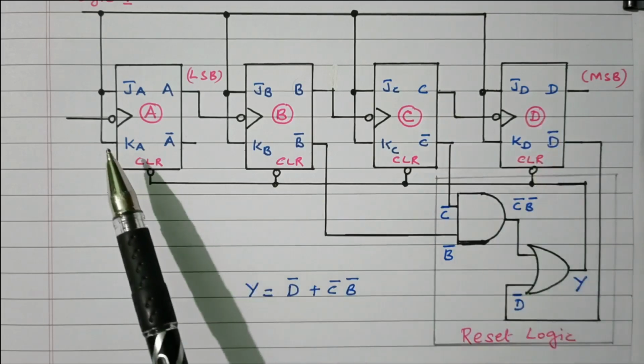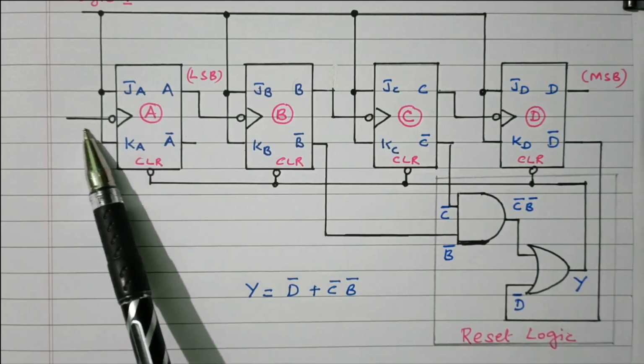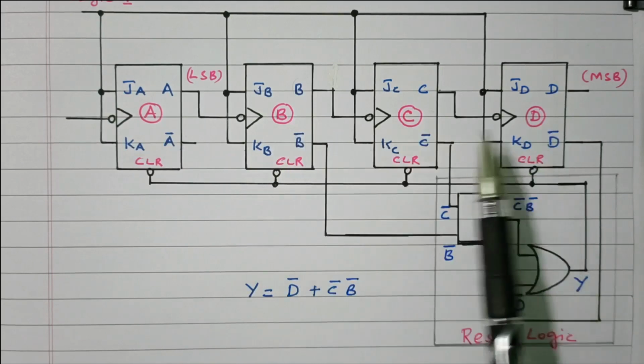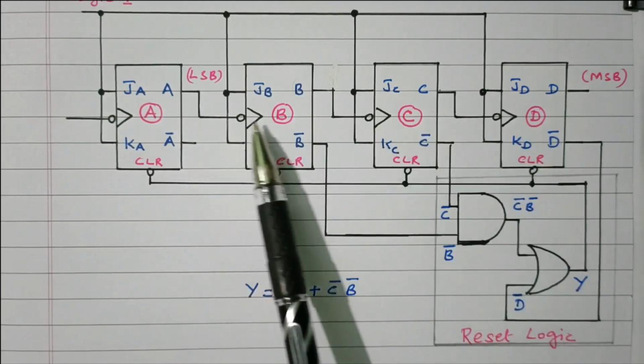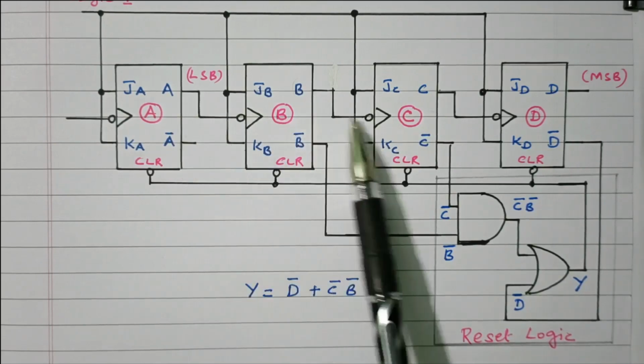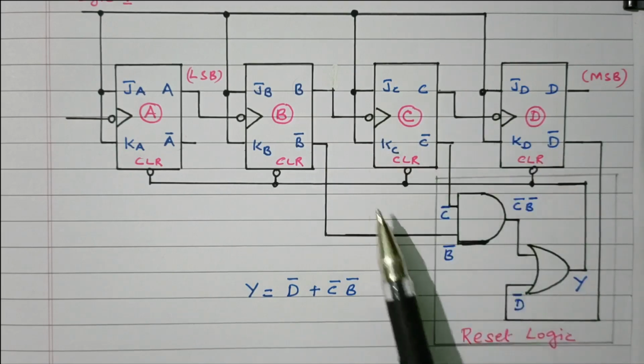So flip-flop A always receives the clock pulse, and every clock pulse its output toggles. B, C, D flip-flops toggle based on the output: B based on the output of A, C based on the output of B, D based on the output of C.